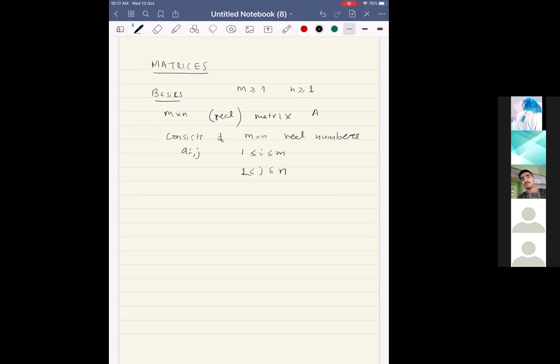Now, because of laziness, sometimes you will write this as aij. But the point is, this is ambiguous if m is bigger than 9 or n is bigger than 9. Supposing I write a 10 9, do I mean a 10 comma 9 or a 1 comma 09?